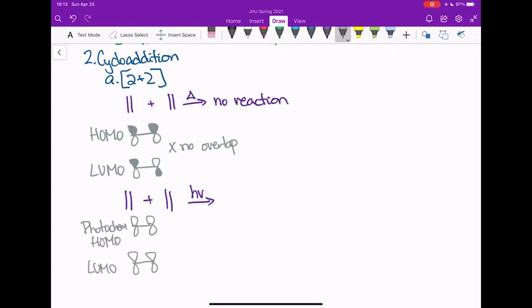And since your photochemical HOMO is just like your LUMO, you're going to be using this pi orbital, sorry. Okay. And then what you can see here is that the orbitals will overlap. So you have both up on this side or both down on this side. And so you can form a bond in between them. And then that's when you would get your reaction to form a box.